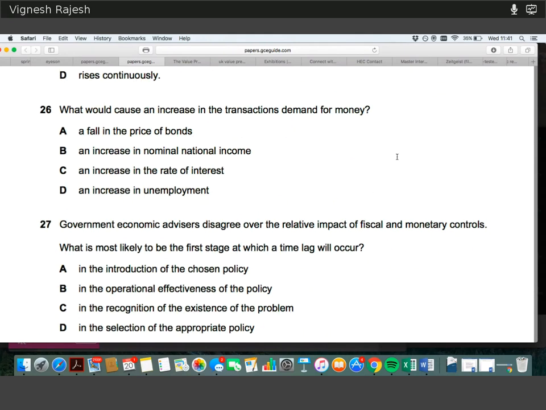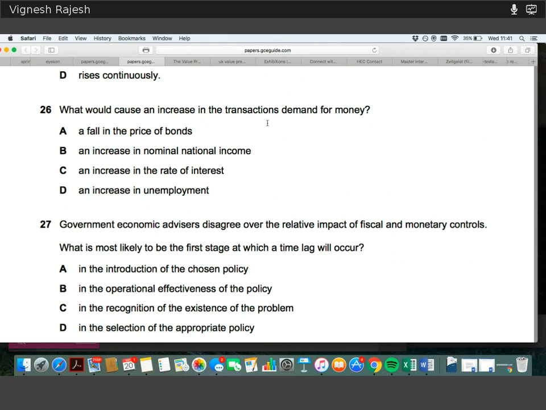Increase in transactions demand for money. There are two components of demand for money: the transactions demand and the speculative demand. The answer is B, because if there's an increase in income, you're going to make more transactions. So there's an increase in demand for holding money to fund these transactions, because money is used as a medium of exchange.